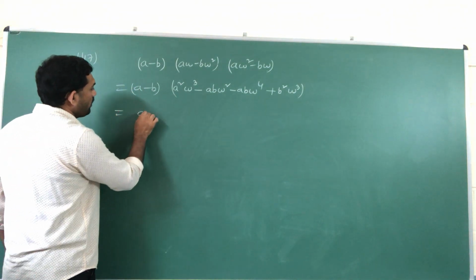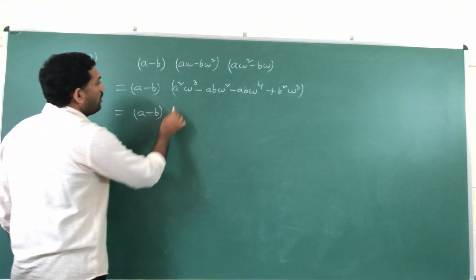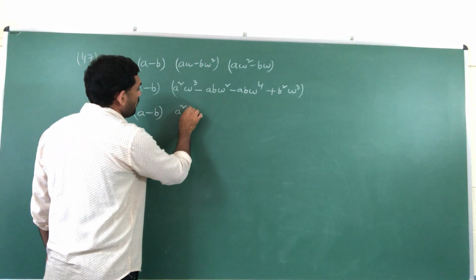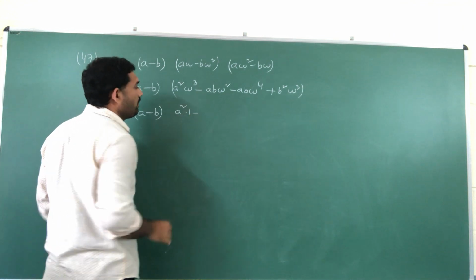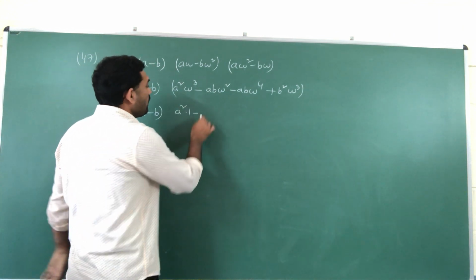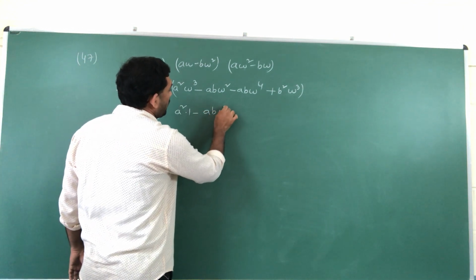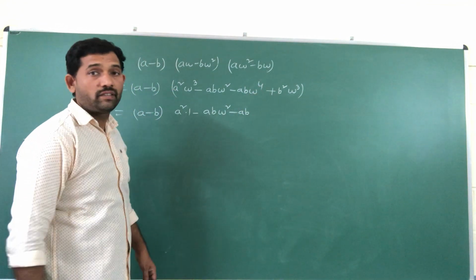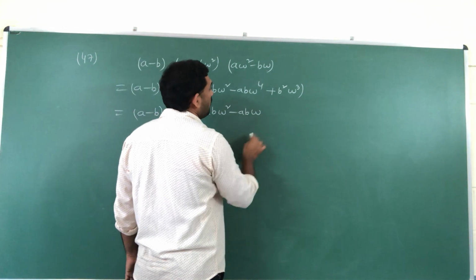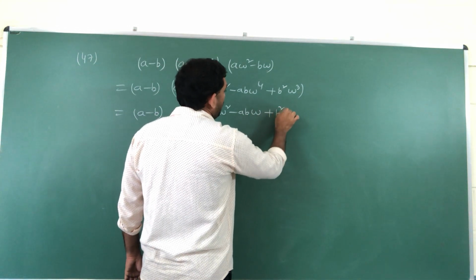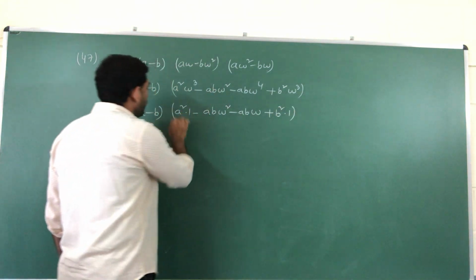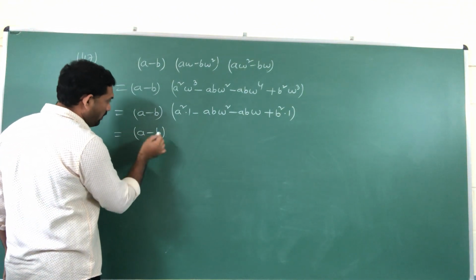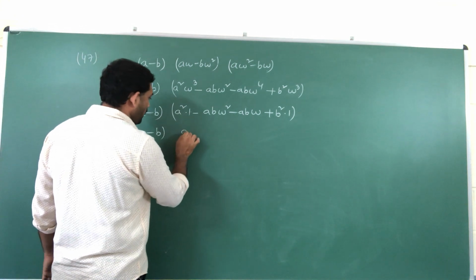Now (a − b), ω³ value is 1, a² into 1, minus ab ω² minus ab ω⁴, which means that value is ω, plus b² into ω³, value 1. Now (a − b) into a² into 1, a².